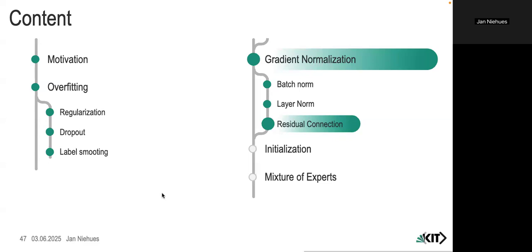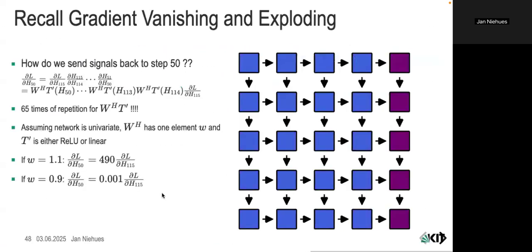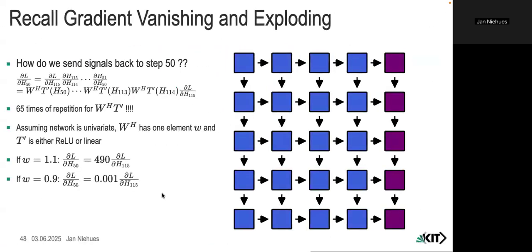Then we'll come to the next point, which is residual connections. For that, recall what we once did for RNNs. We said if you apply the same type of update all the time, like in the large neural network, if you remember, we do it 65 times, then if this WH is a bit lower than 1, you get a very low value.